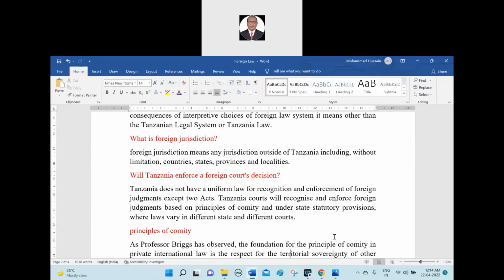We regard the Kenyan law, and Kenya will regard the Tanzanian law. So reciprocity would be there, and that is called the principle of comity. So give respect and take respect. For instance, what is famous in Bukoba? Banana.